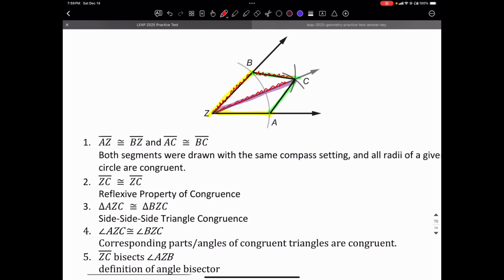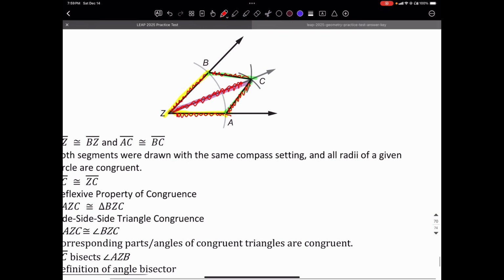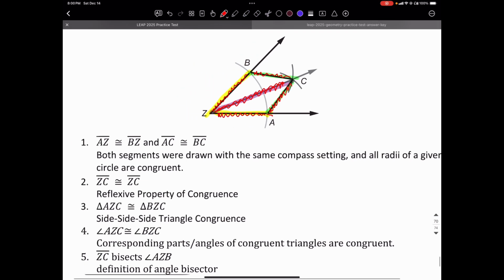So they're saying that the triangle that's being created is going to be congruent to this triangle here with that side length, this side length, and then this third side length as being congruent to itself. And then you can kind of see where this is going, right?